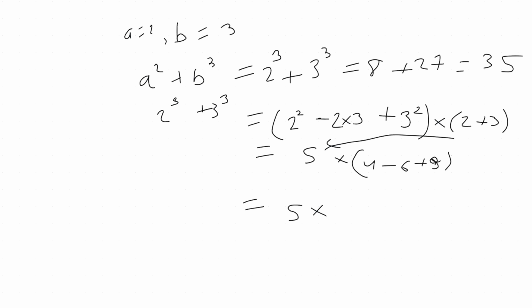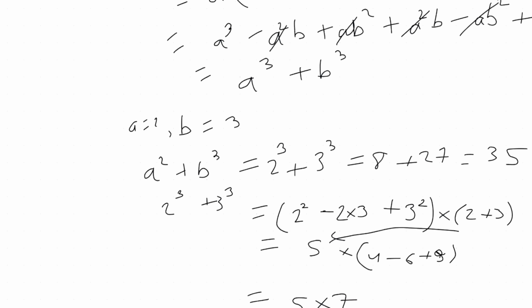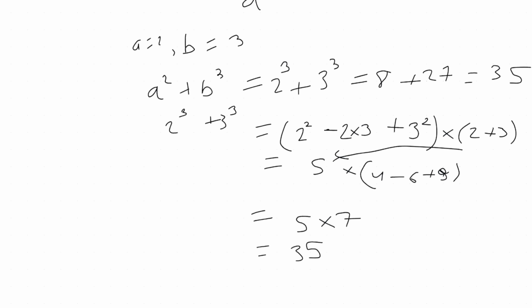So 5 times 7 is 35. This 35 is the same 35 which we had derived without using the formula. So you see, the results using the formula and the results without using the formula are the same.